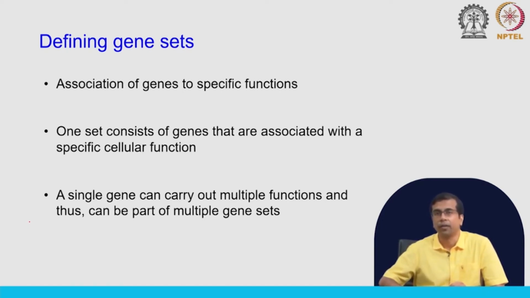It is not necessary that all gene sets are unique, there can be overlap between gene sets. A gene that is involved in, let us say, salt stress response, responding to high salt concentration or high osmotic stress, can also respond to oxidative stress. So, many genes have these kinds of multiple functions and they can be present in different gene sets.